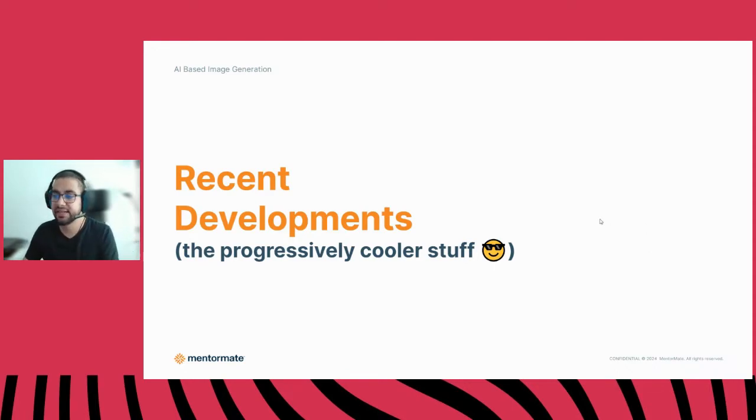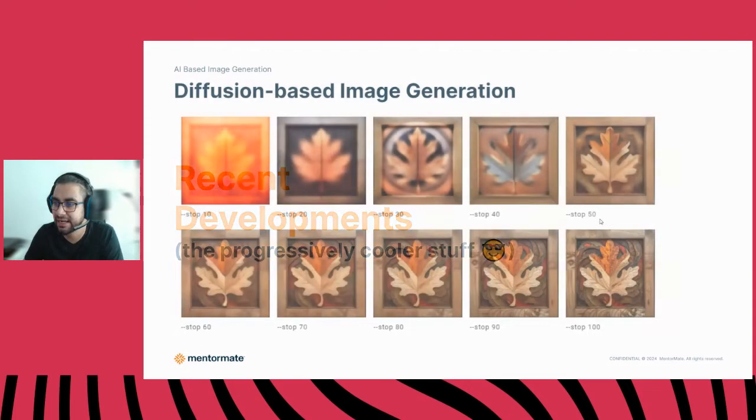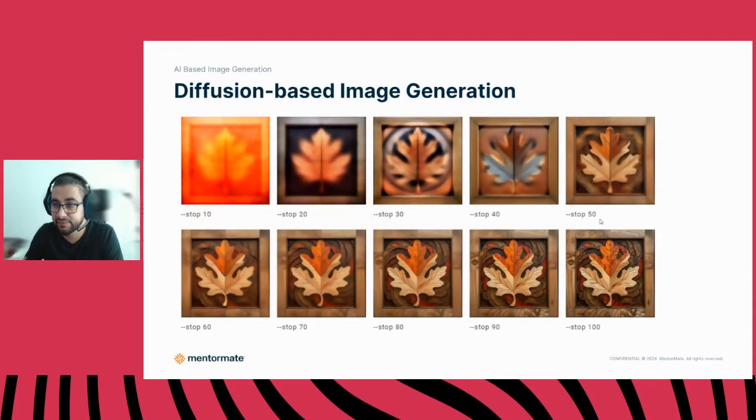So recent developments. Let's see how things have changed recently. There was a reason why I went through this journey of showing you the various models that have emerged in the past couple of decades, because most of the image generation applications that we see nowadays are based on diffusion models.